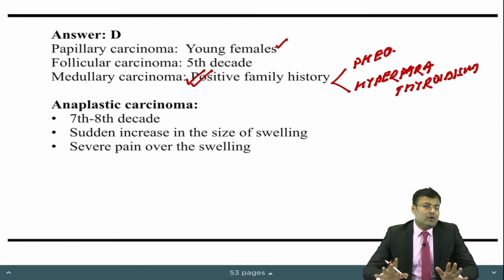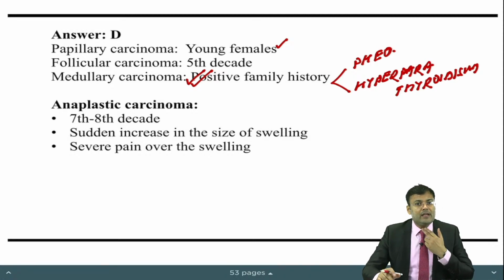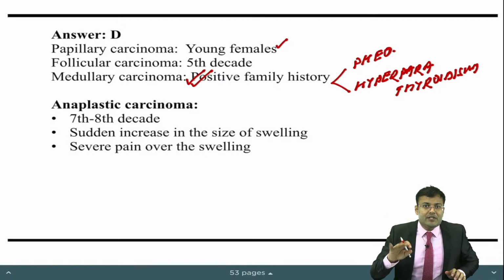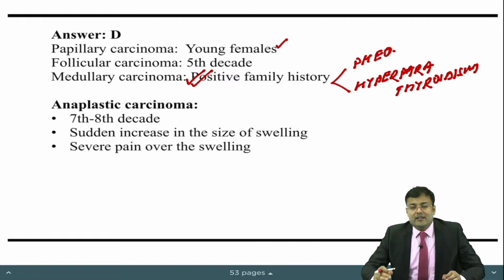And what is the clue about anaplastic carcinoma? Age 70 to 80, severe pain over the swelling, sudden increase in the size of swelling, there is direct invasion, so involvement of trachea, esophagus, recurrent laryngeal nerve, and because of these there is dyspnea, dysphagia and hoarseness of voice. Simple.